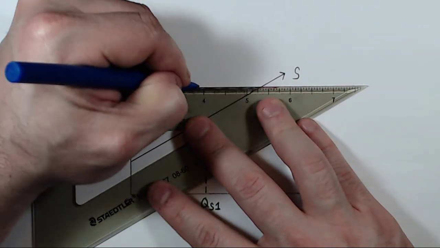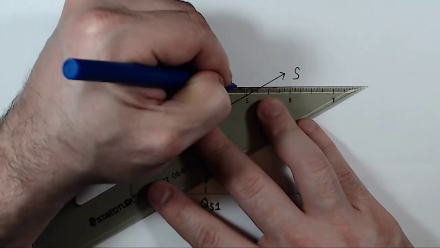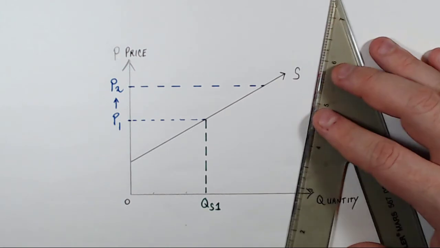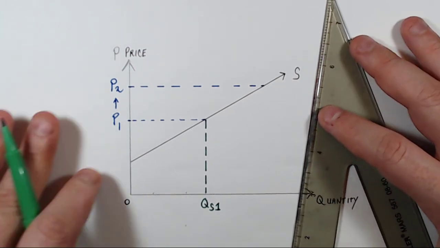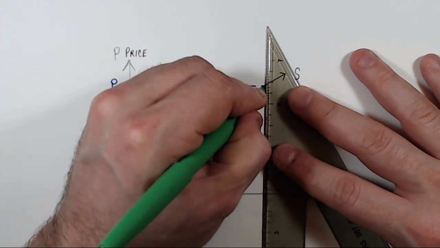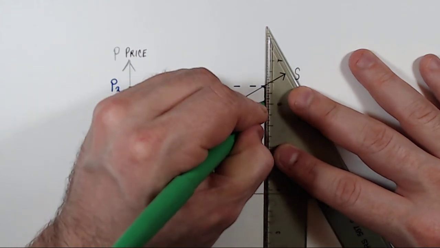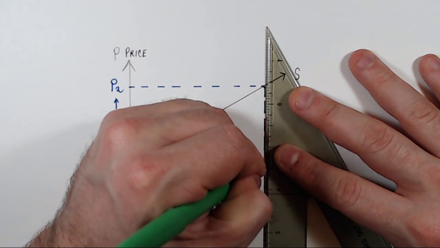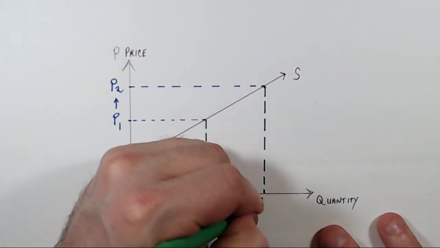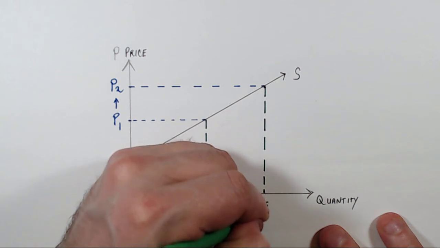Remember, this is not a numerical tutorial, this is a visual tutorial. This is an introductory tutorial just so you see how price and quantity supplied interrelate. All right, so now I'm going to drop my quantity vertical down to the quantity axis, and I'll call this quantity supplied 2.